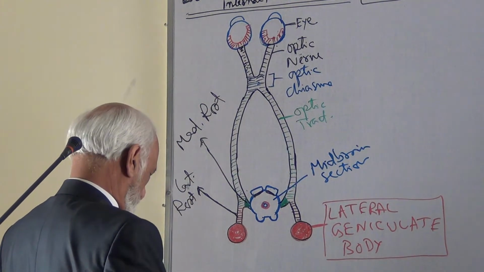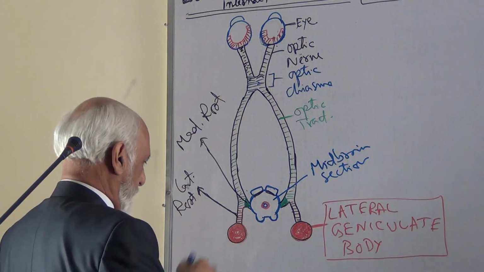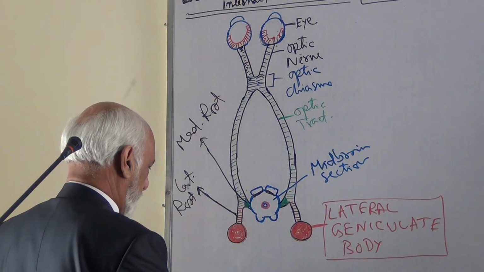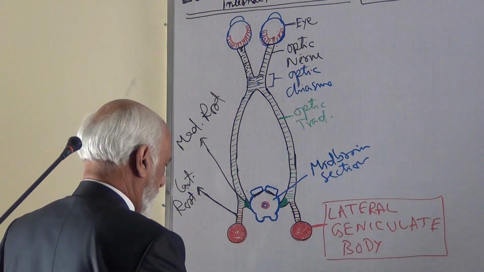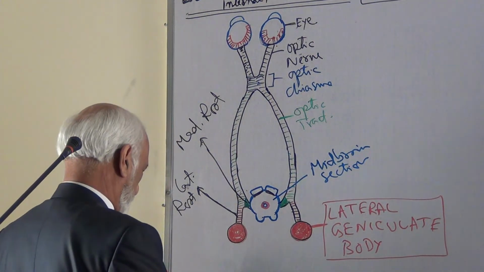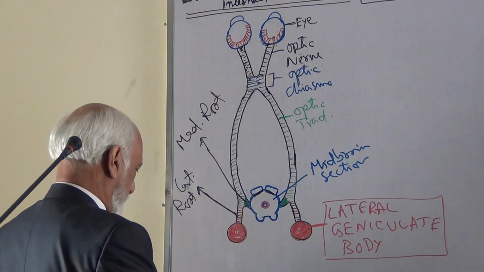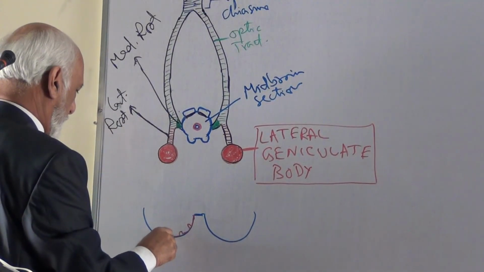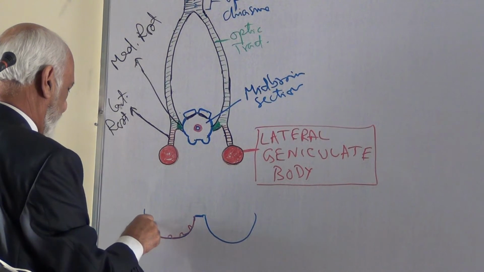Then is the visual cortex, in the occipital lobe, right and left cerebral hemisphere.